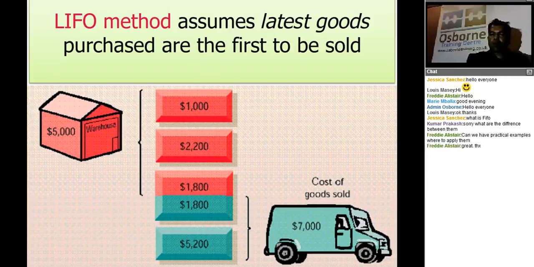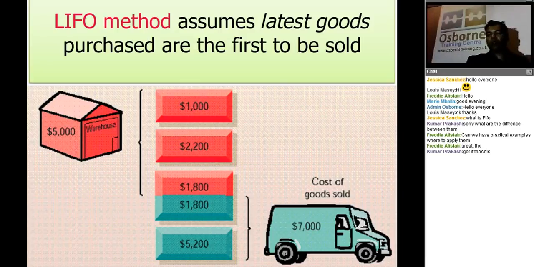Okay, so now we're looking back at the picture. So here we have the stock that comes in last but goes out first. The stocks that come in last, or most recently, go out first. So here the idea is completely the opposite of the last one.